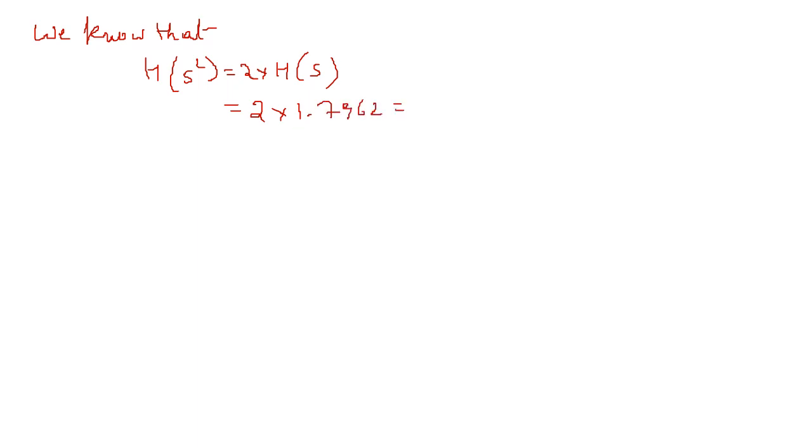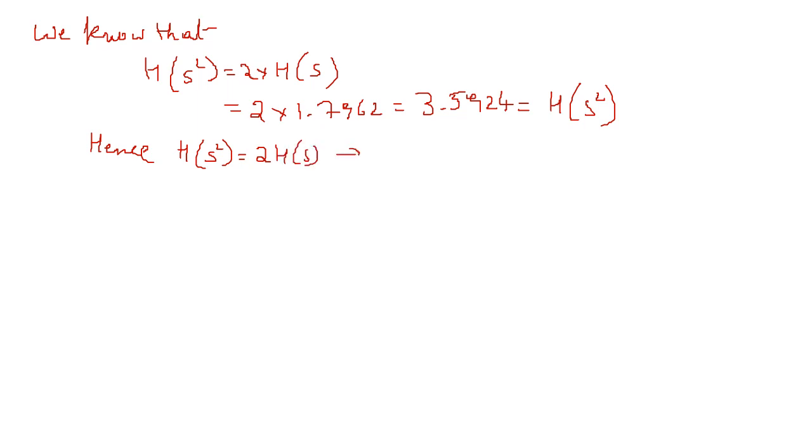We know that H of S square is 2 into H of S. So we'll put the value of H of S: 2 into H of S is 2 into 1.7962, which gives 3.5924. So this value is nothing but your H of S square. Hence we can write H of S square is 2 into H of S, which is proved.